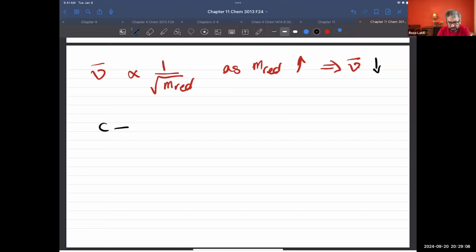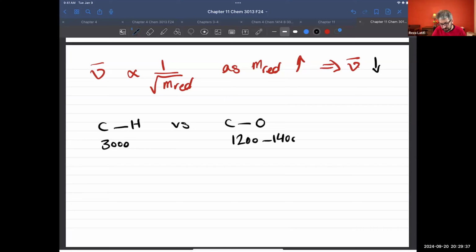So you're going to spend a higher amount of energy to vibrate CH versus CO. And this is the reason that, for example, for CH, it depends on the hybridization, it can be around 3,000. Well, for CO it can be around 1,200 to 1,400. Again, it depends what you're dealing with. That's the CO bond stretch.